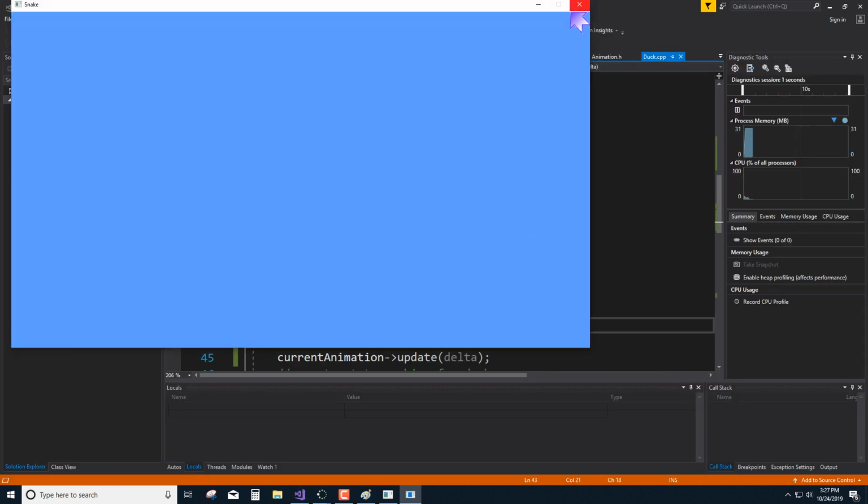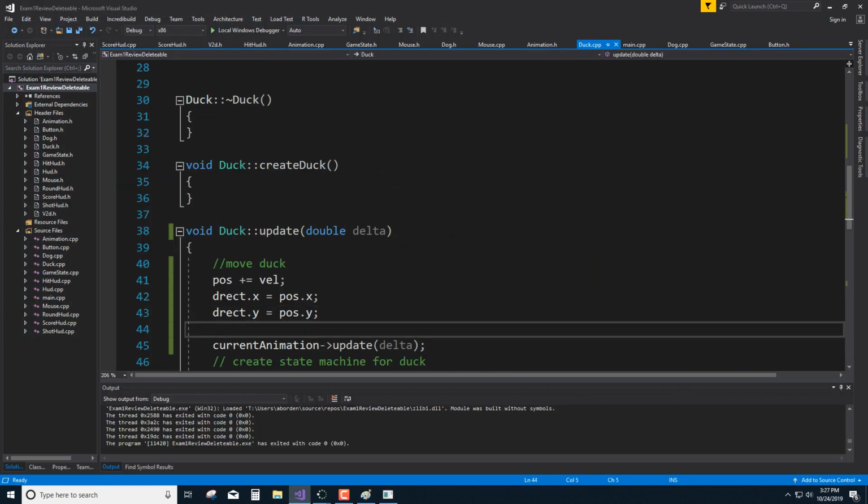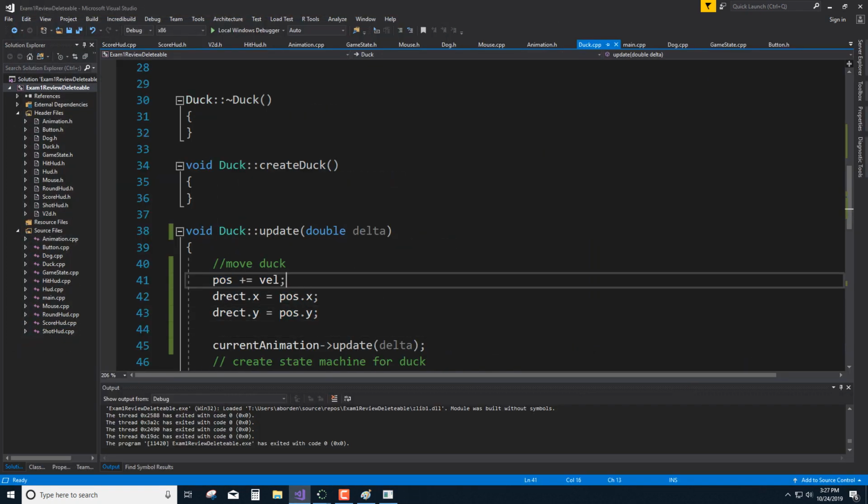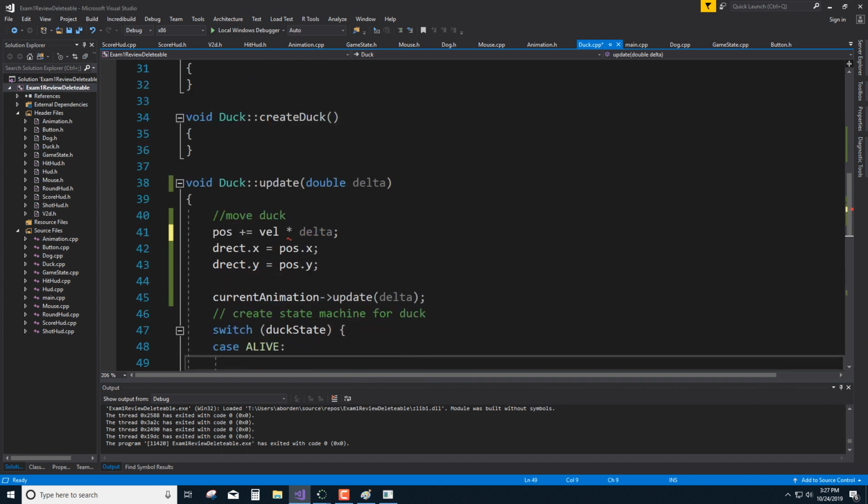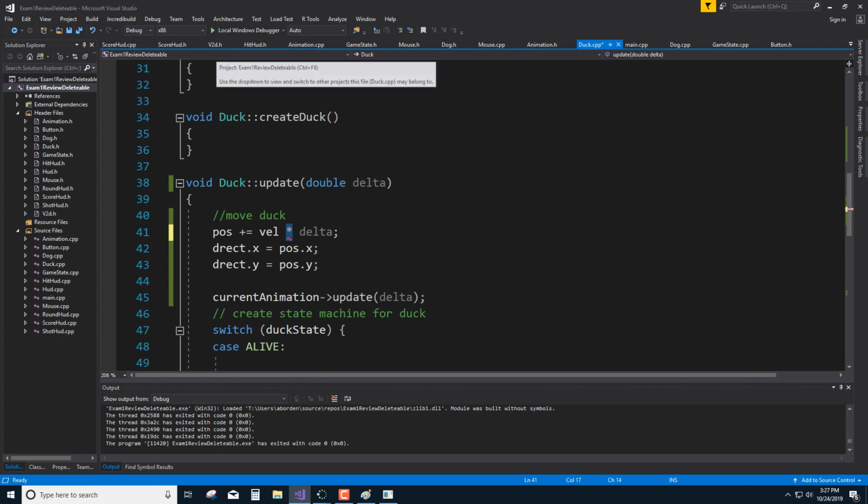Oh, he's gone. He's super fast. Put that. He won the game. Velocity times delta. I think that's right. So now I need to overload this operator. So let's go back to the vector. We're going to overload an operator to accept a multiply by a double.